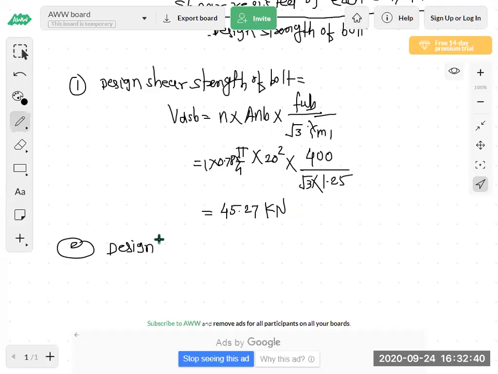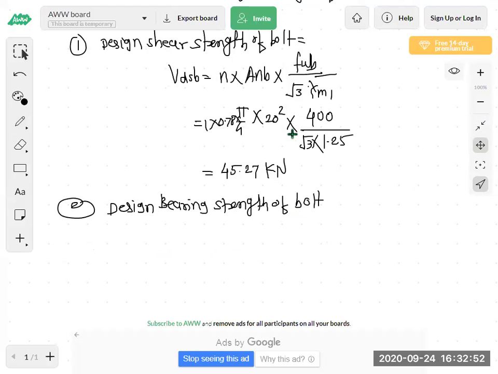Then bearing strength. Design bearing strength of bolt. So actually now we have assumed 20 mm diameter. It means KB value will be 0.5.